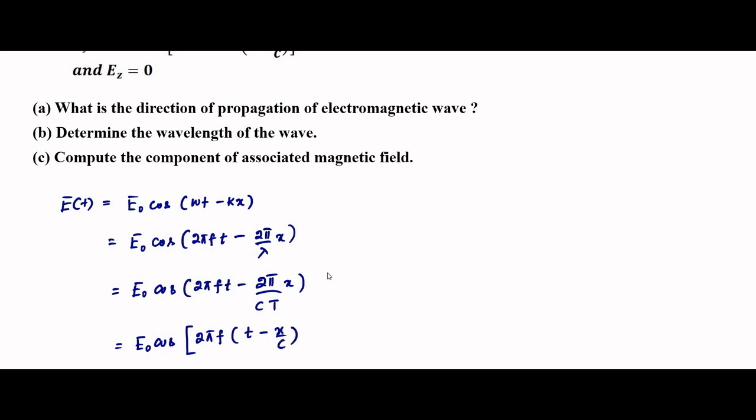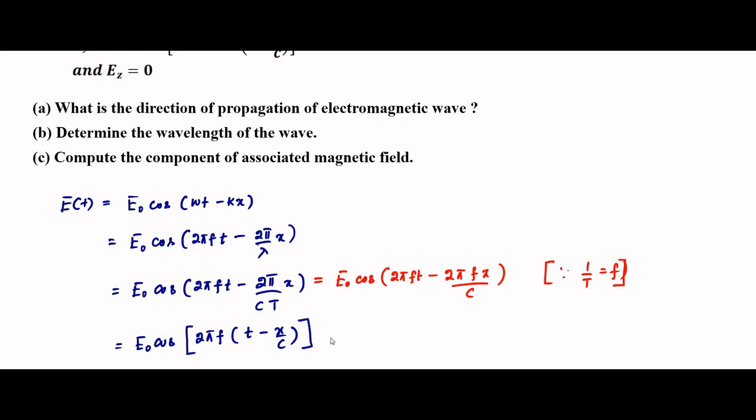Here you can make another substitution, that is 1 by T is equal to f, the reciprocal of time period is equal to frequency. So we get E0 cos 2 pi ft minus 2 pi f x by c, and taking 2 pi f common, that is equal to t minus x by c. So this is the representation of an electromagnetic wave.